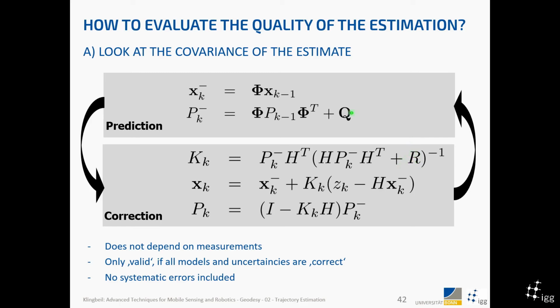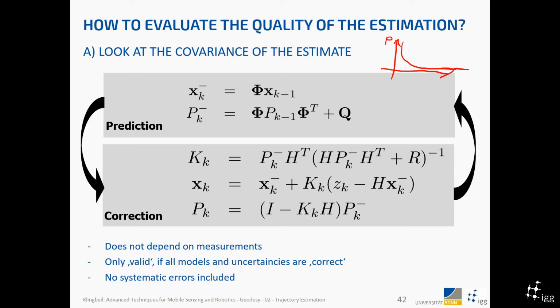In a situation where the process noise stays constant and the measurement noise as well, the covariance P over time will basically go like this and stay more or less constant.